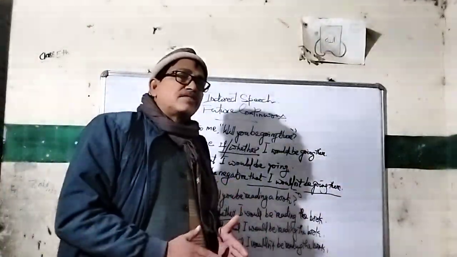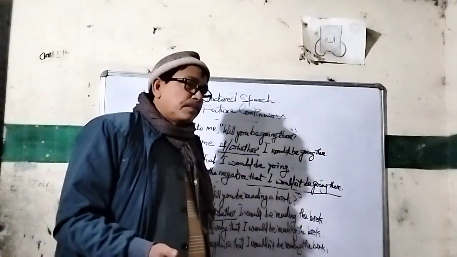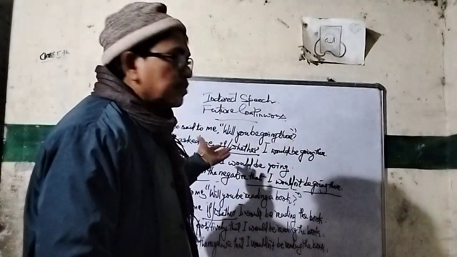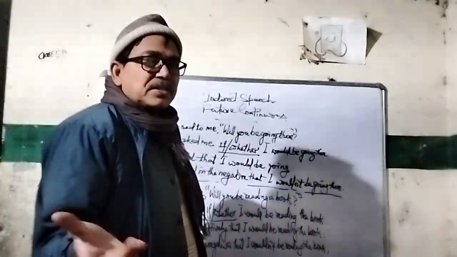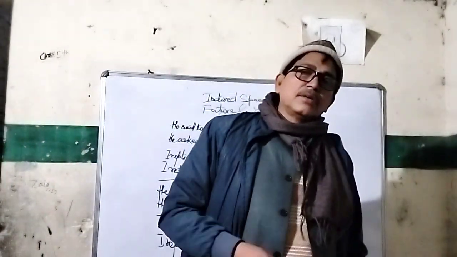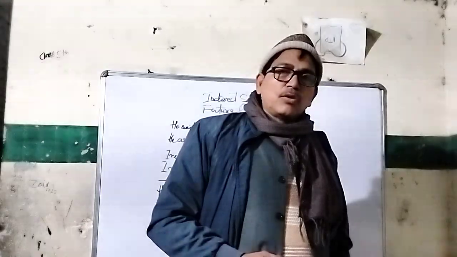We have already seen present simple, past simple, future simple, and in continuous, present continuous and past continuous. Some videos are already present. If you want to see the full video, you can get the link and see the full video on YouTube.